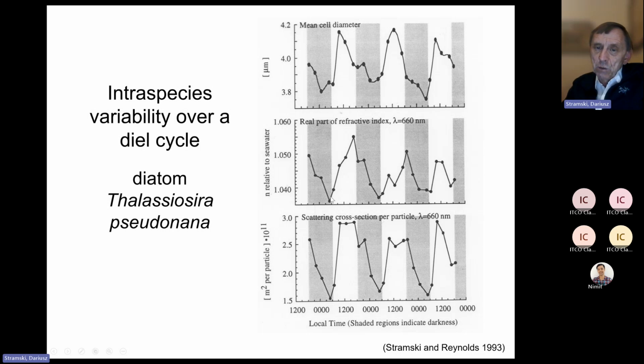This is associated with the fact that during the day the cells are photosynthesizing, and the refractive index is driven largely by the fraction of cellular volume occupied by water versus the fraction of cellular solids within the cell.